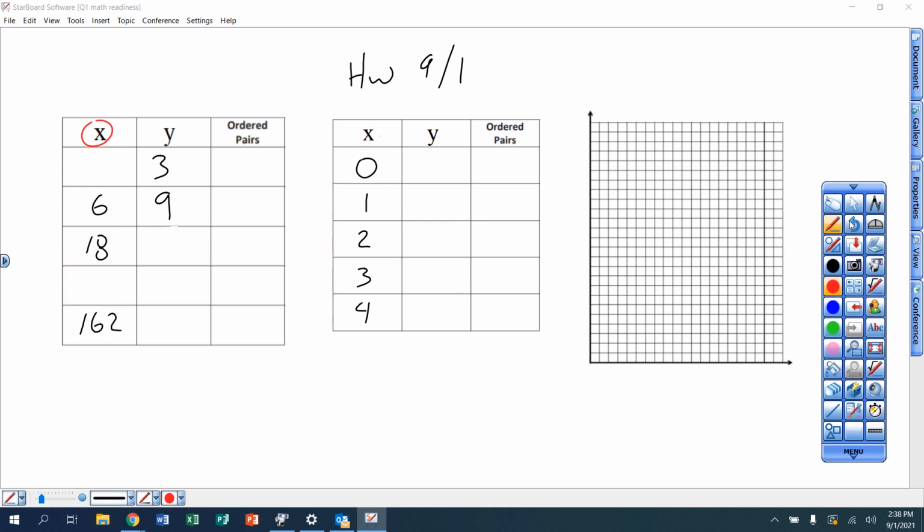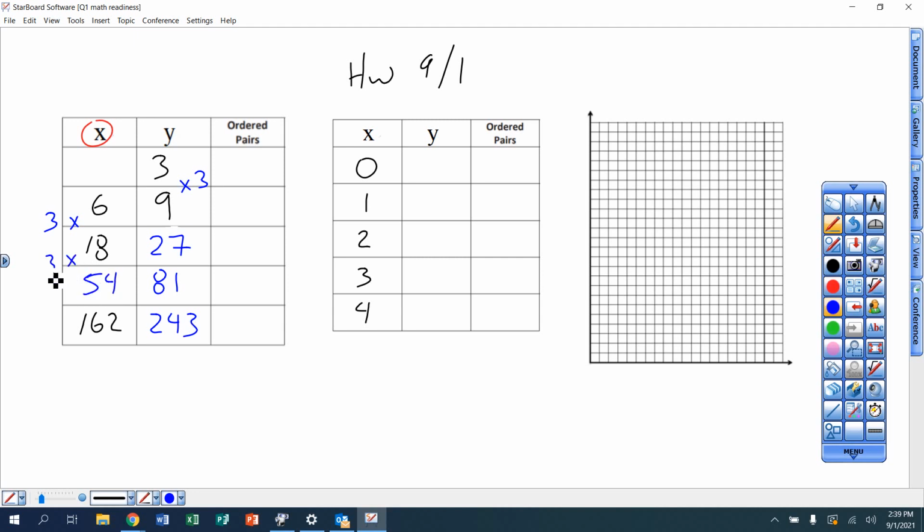This first one here, I'm looking at what times 3 gives me 9 and seeing if that's the same number over here. And yes, that is. So since they're both being multiplied by 3, that tells me that I could just keep multiplying each number by 3. 9 times 3 gives me 27. 27 times 3 gives me 81. 81 times 3, 243. 6 times 3, 18. 18 times 3 gives me 54.